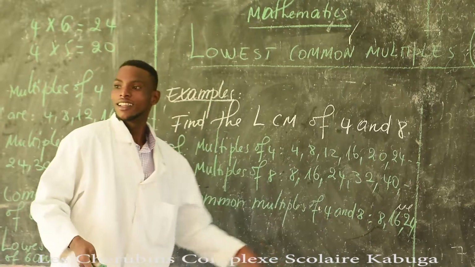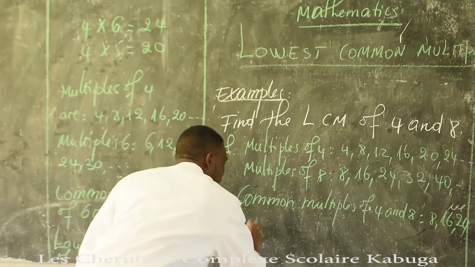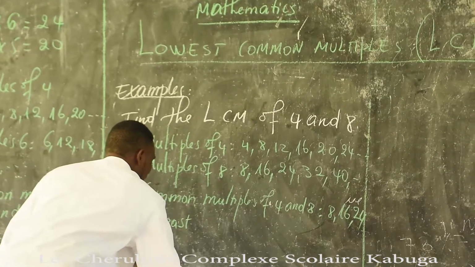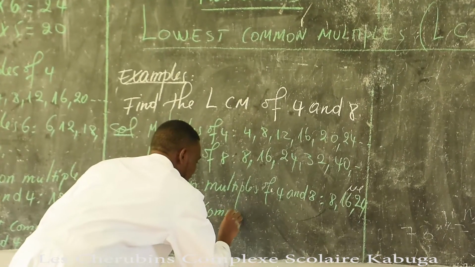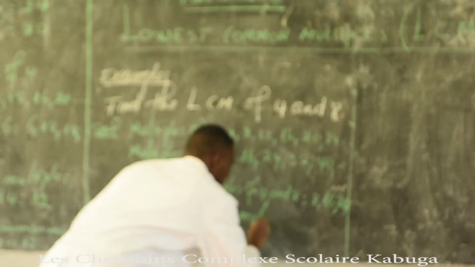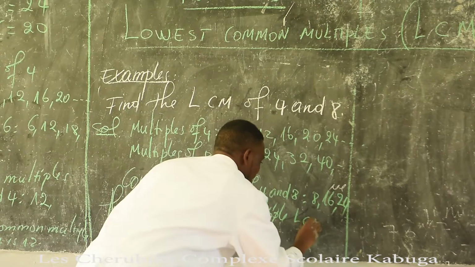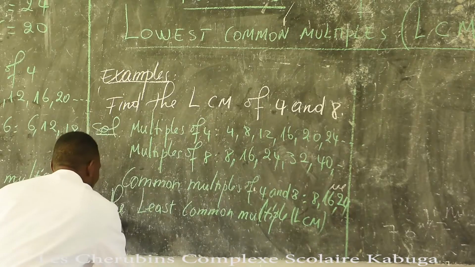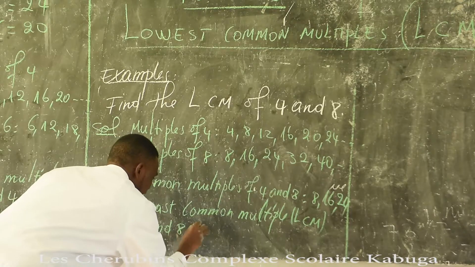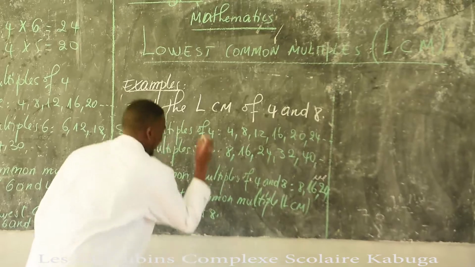Thus, the lowest common multiple, least common multiple, which can be abbreviated like this, of 4 and 8 is 8. Yes.